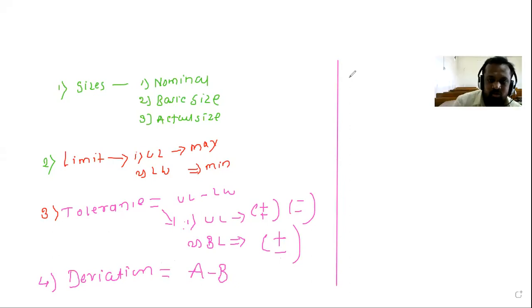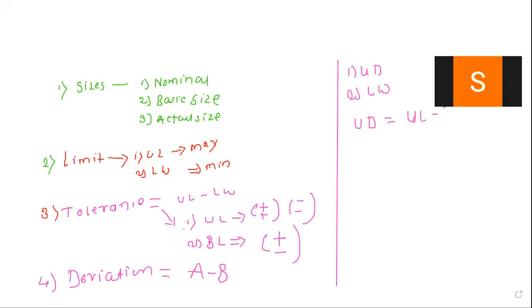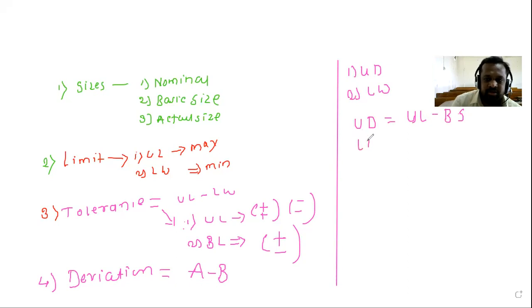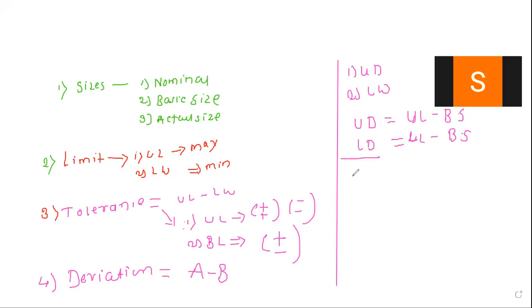Upper deviation is the upper limit minus basic size. Lower deviation is the lower limit minus basic size. Is it correct? Yes, sir.